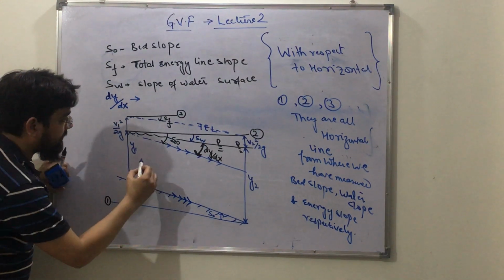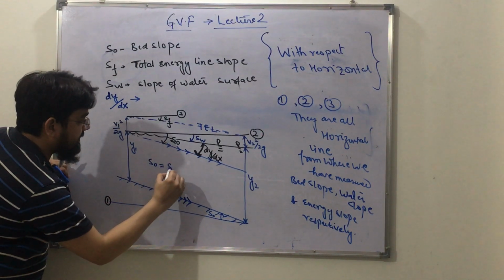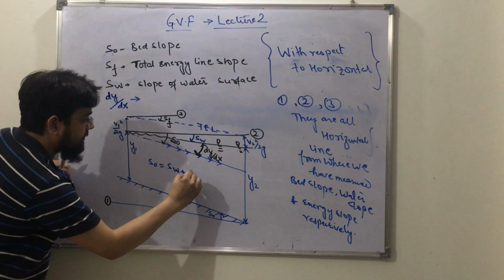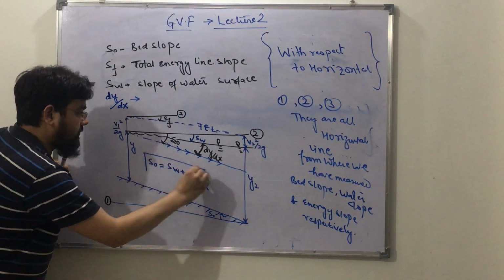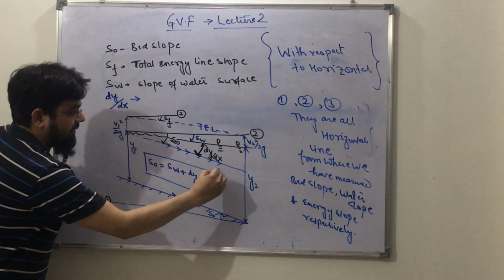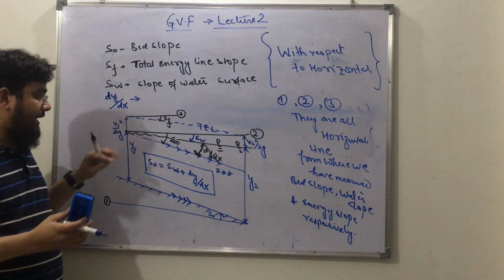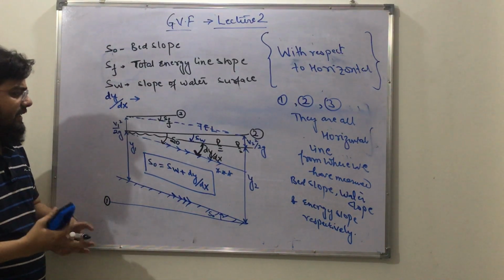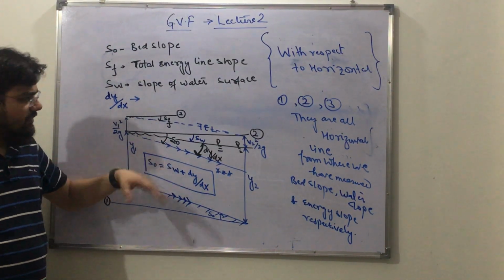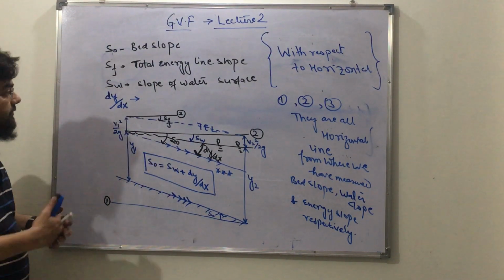What we can say that here we have got that S0 is equal to SW plus dy by dx. This is a very important condition for proving that the flow profile is a rising profile. We will also see in detail this in subsequent lectures. Hope it is clear. Let us move further.